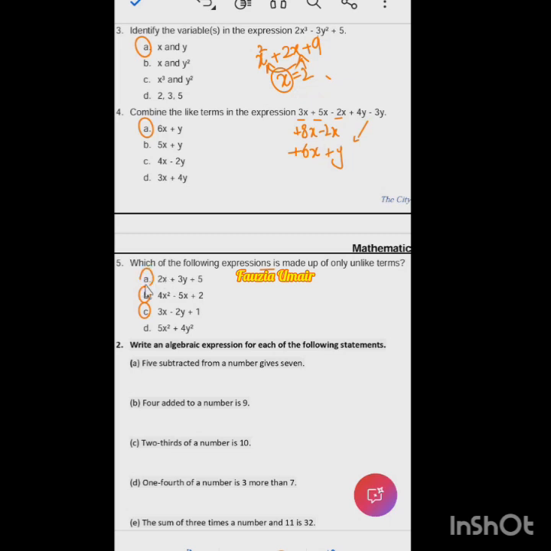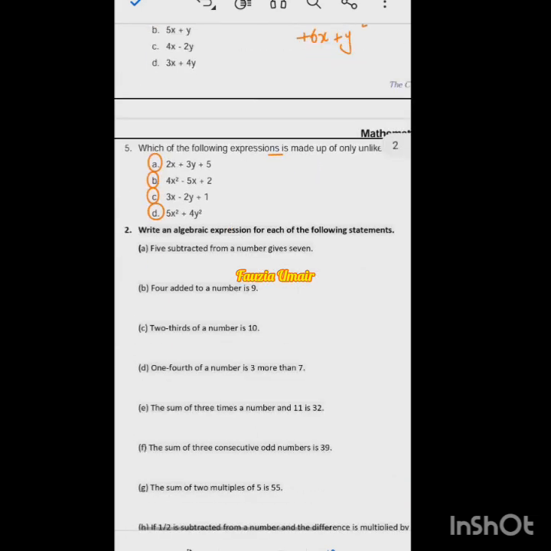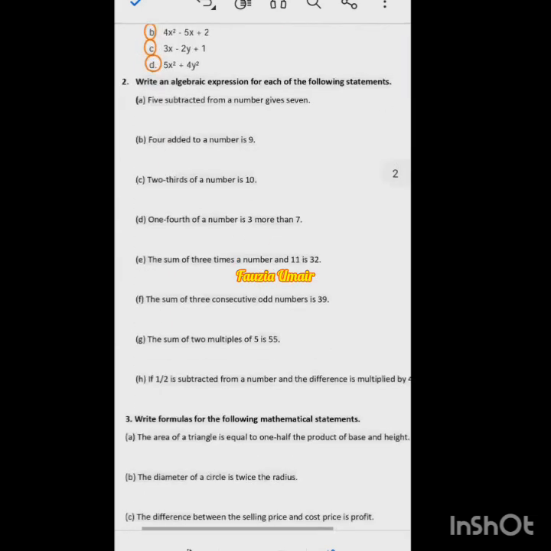That's right, A also. And D also. So all four of them are having only unlike terms. Very good. That's right. So second question is writing algebraic expressions from the statements, right?